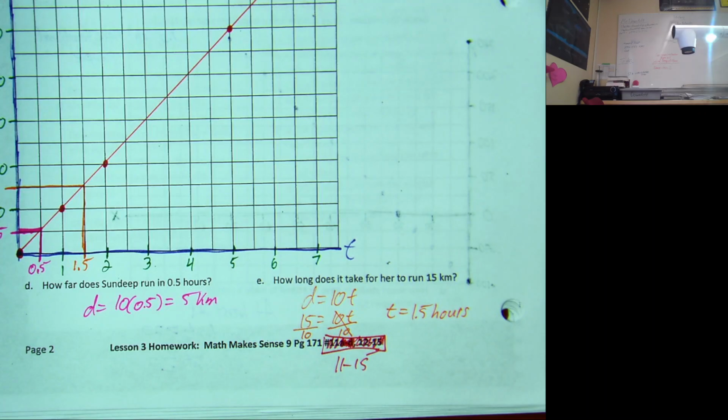If anyone else wants graph paper, they can get up and get it themselves. I'm going to go photocopy some more. Okay, get to work.